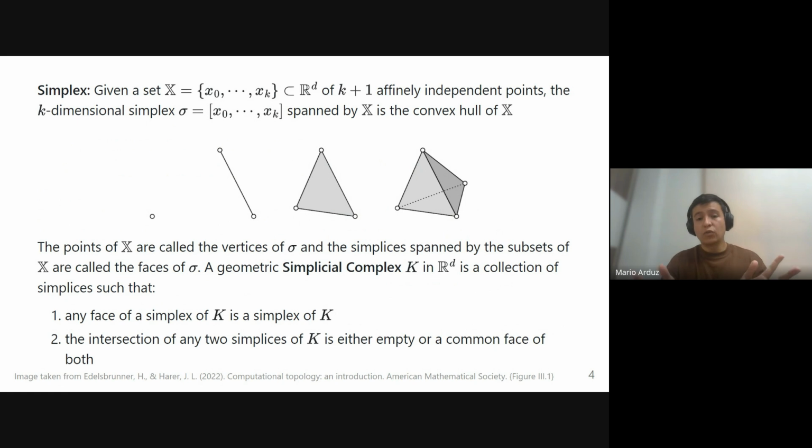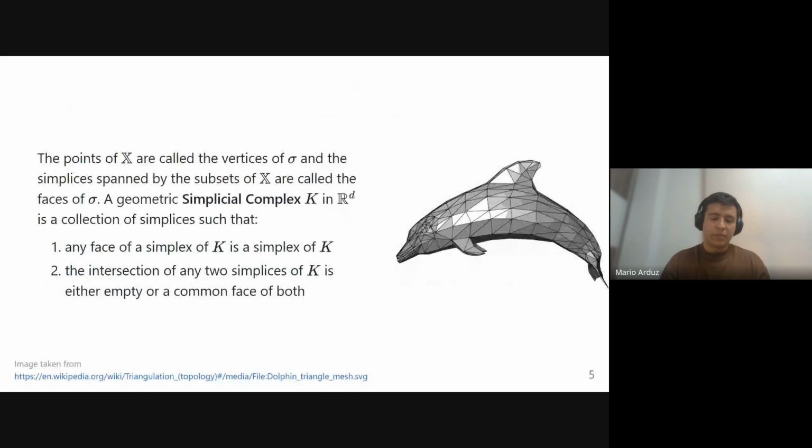And the intersection of 2 of them has to be either empty or a common face of both. So these are the 2 conditions that we have to take into account to aggregate all of these small units, called simplices, to represent the data that we have.